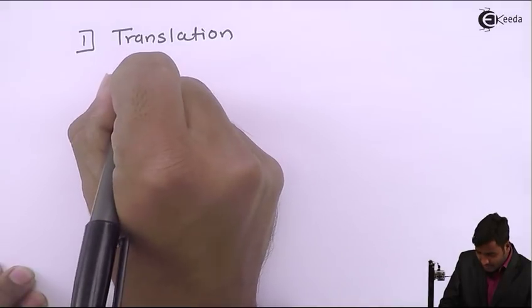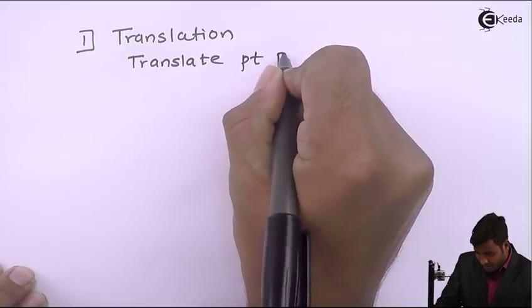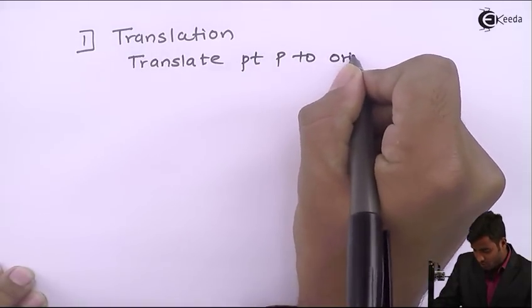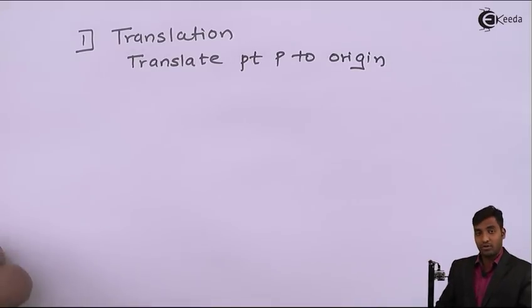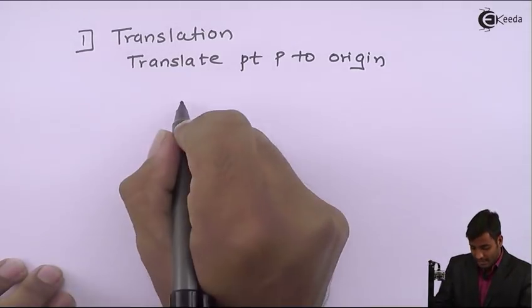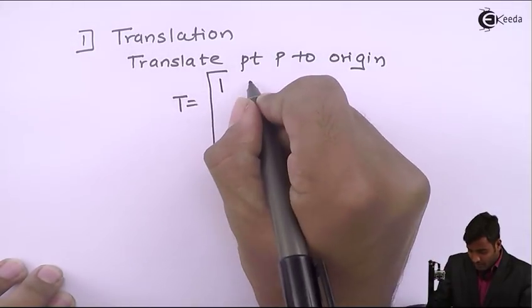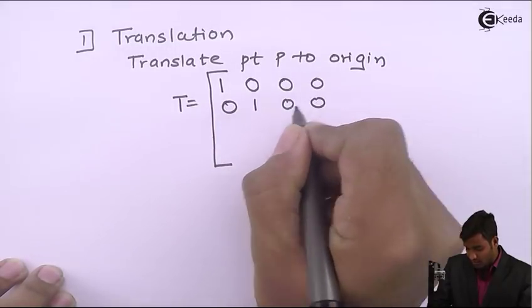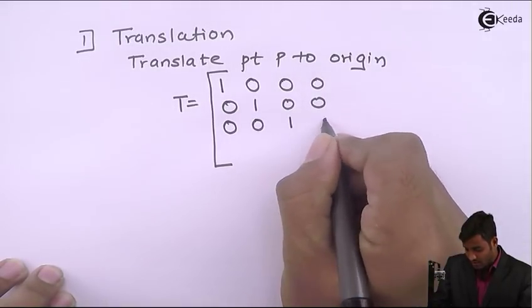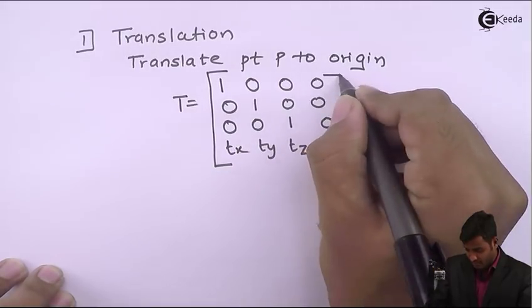So we will translate point P to the origin. We know the standard translation matrix T equals 1 0 0 0, 0 1 0 0, 0 0 1 0, Tx, Ty, Tz and 1.